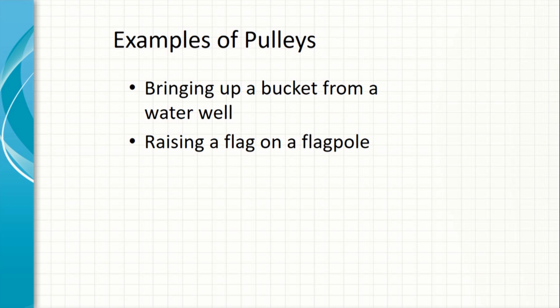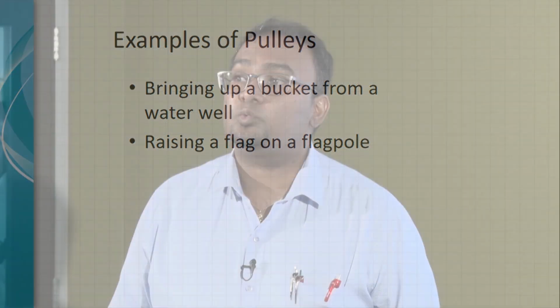So a next example is raising a flag on a flagpole, and we see this every day in our schools when we raise the flag. And since this is a more common example that you would be more familiar with, the important point in that pulley is direction.